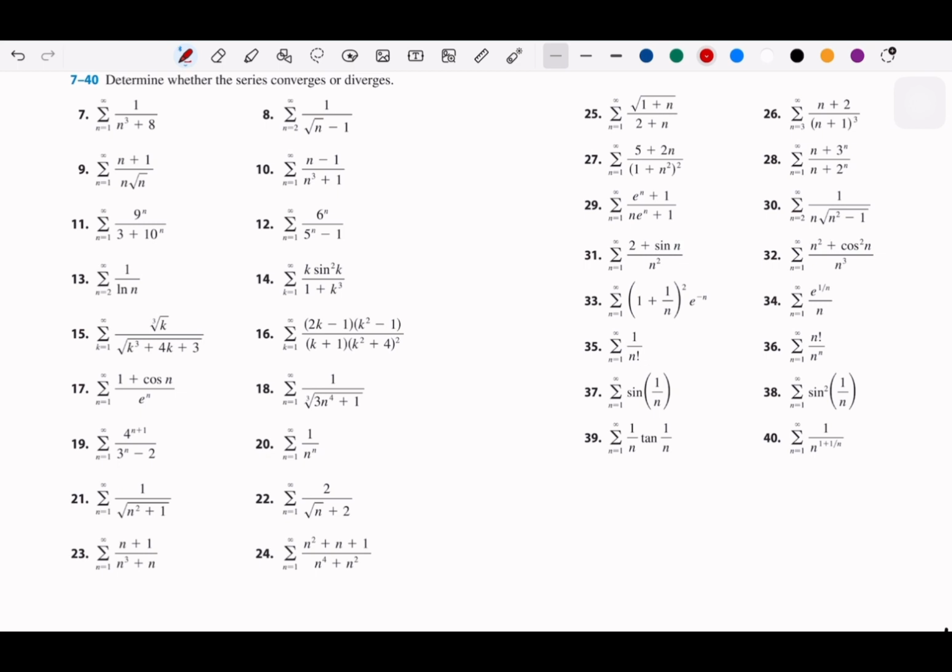I think it's also related to the proof of the limit comparison test when you prove a_n over b_n. Somehow in the process, you will see some canceling or simplification when you use the fraction. So let's try number 10.